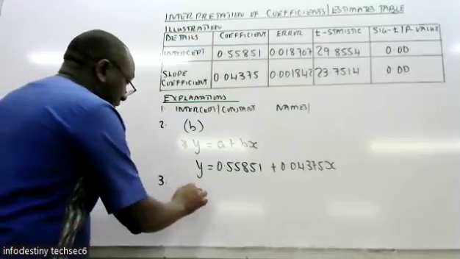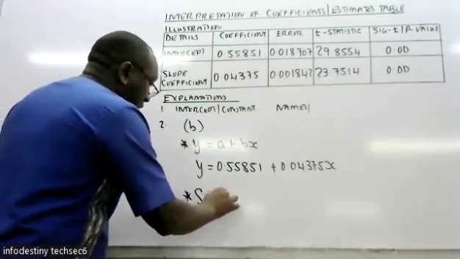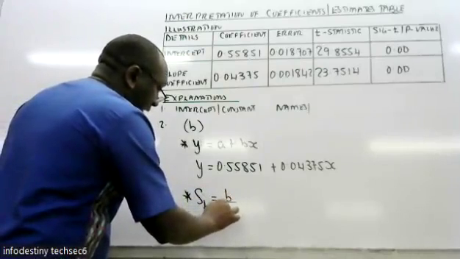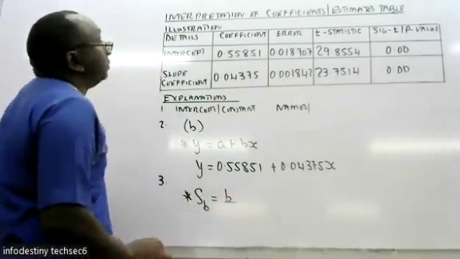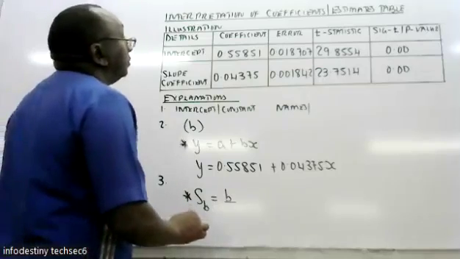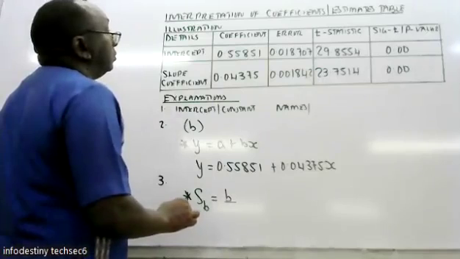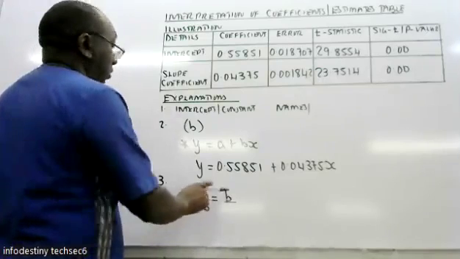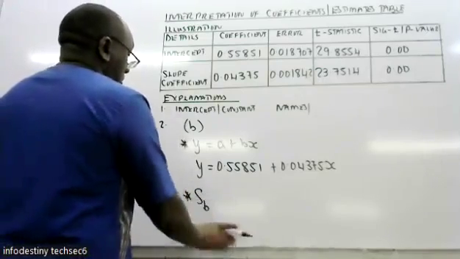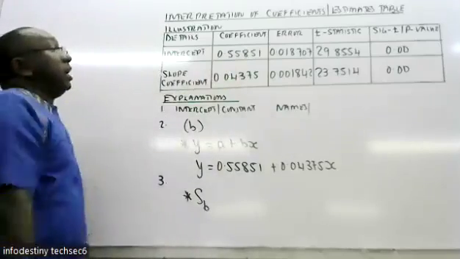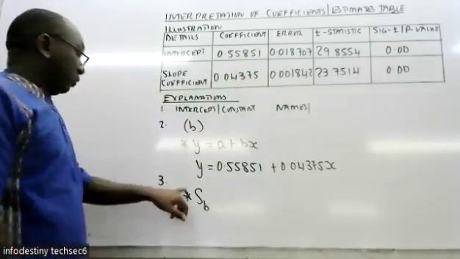You can write the formula SB equals B out of... sorry, no. So that one will appear in there: the standard error for the slope, SB.